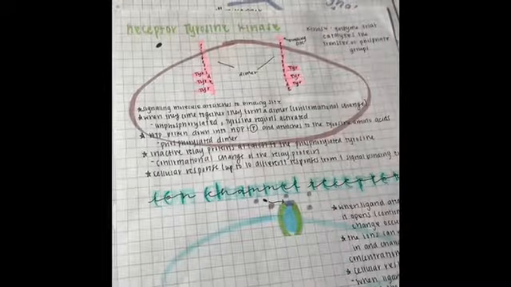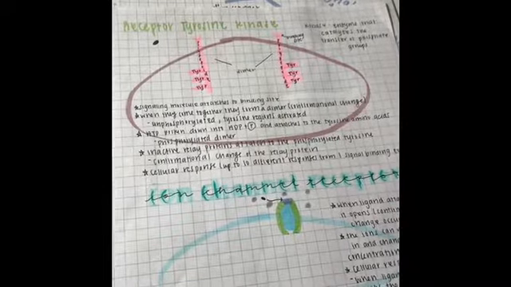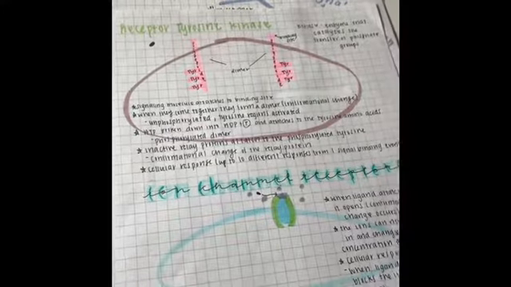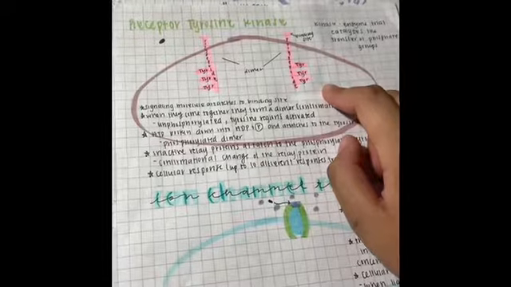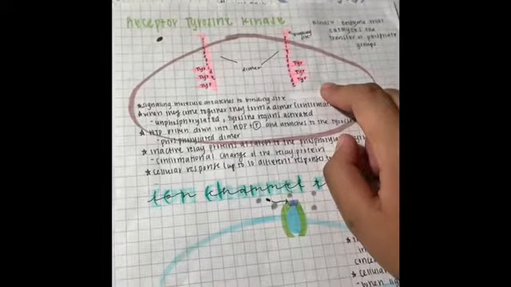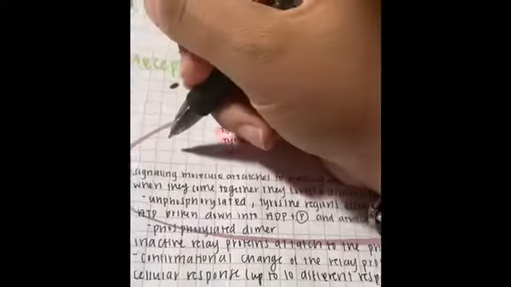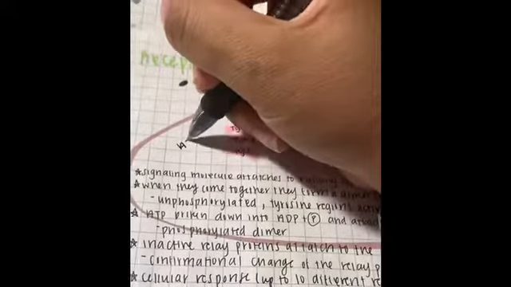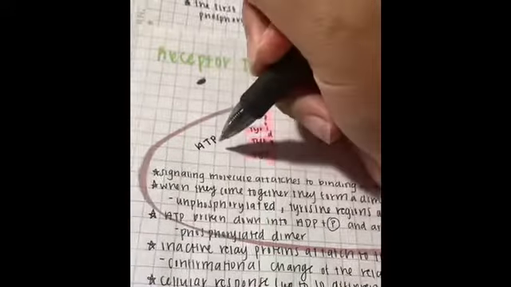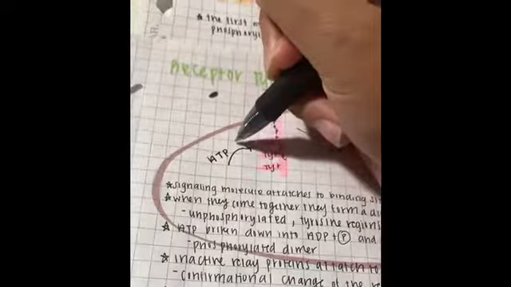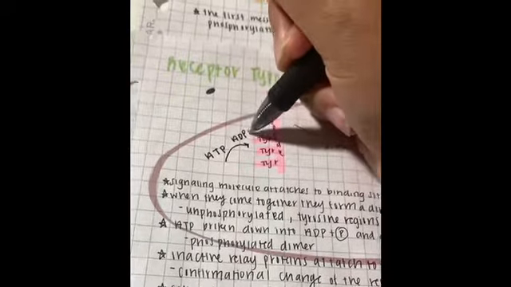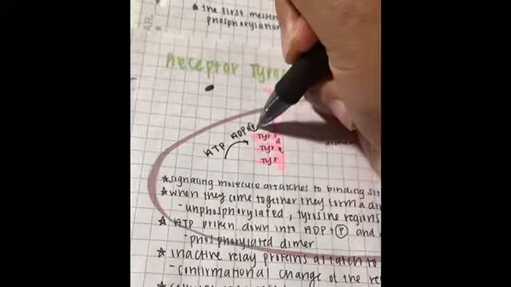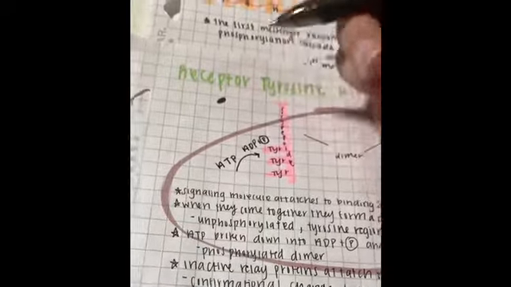In receptor tyrosine kinase, it'll utilize ATP, so it'll turn ATP into ADP. For a more visual, this will be ATP, and then it'll turn into ADP plus a phosphate, because these together create ATP.